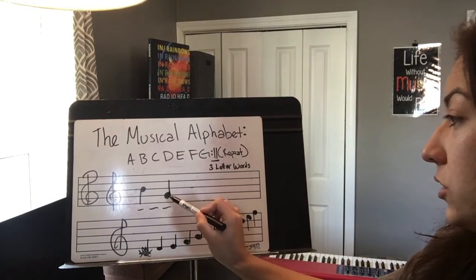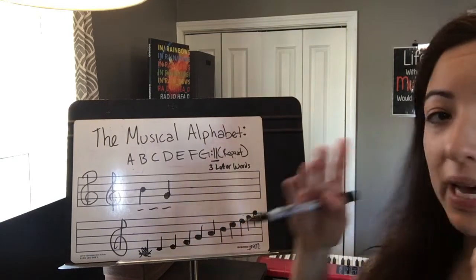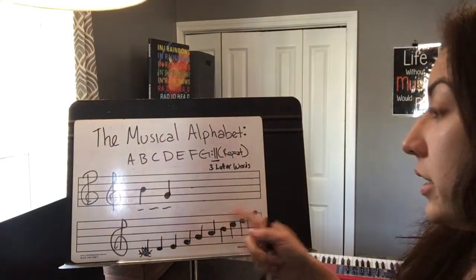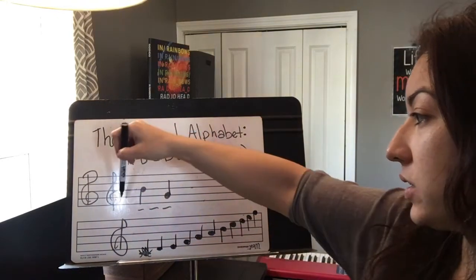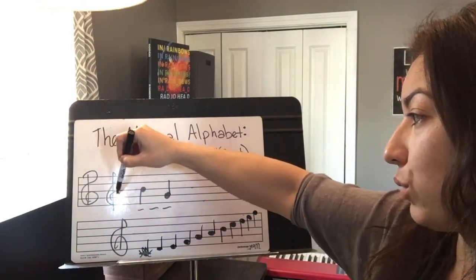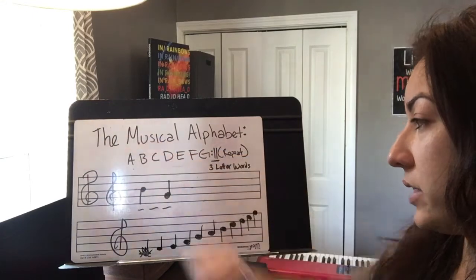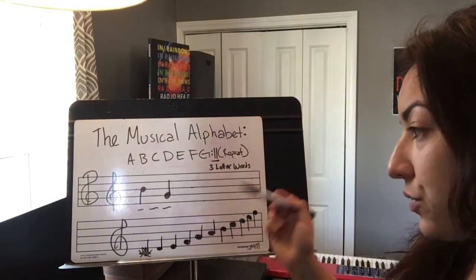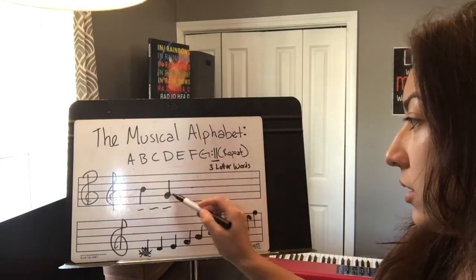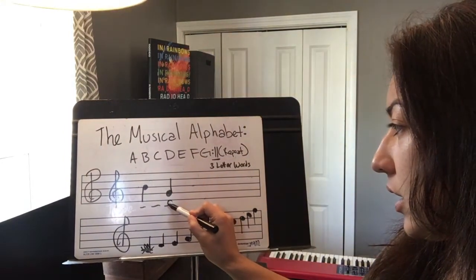So we should start with the ones that pop out to you first. So I would think that might be this one, because we've just talked about the G going through this line and that being the G line. So that is G for Even Giant. So we can put a G here.